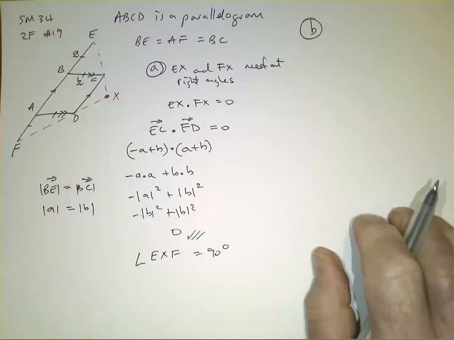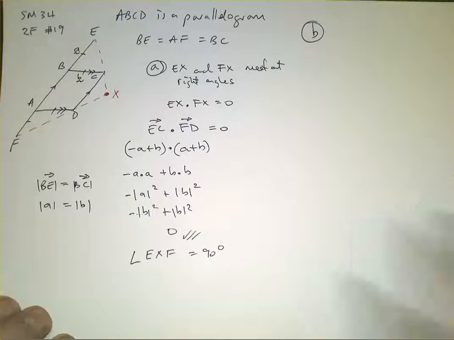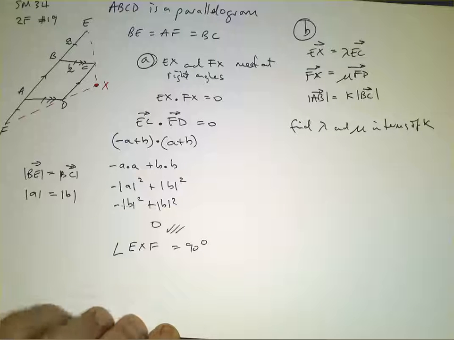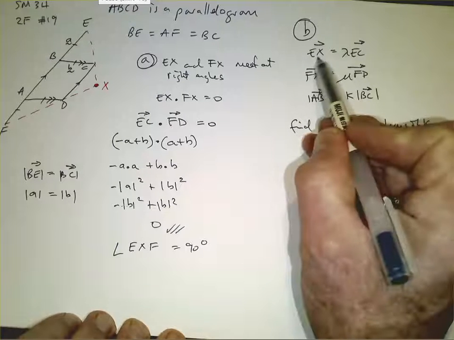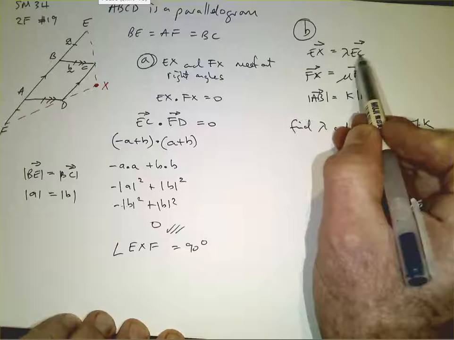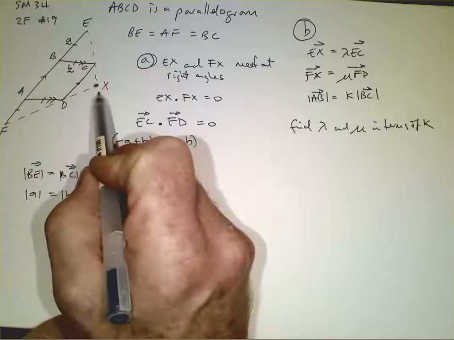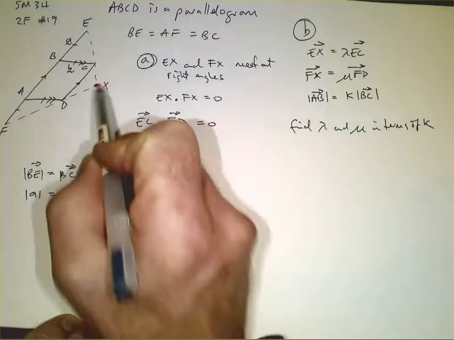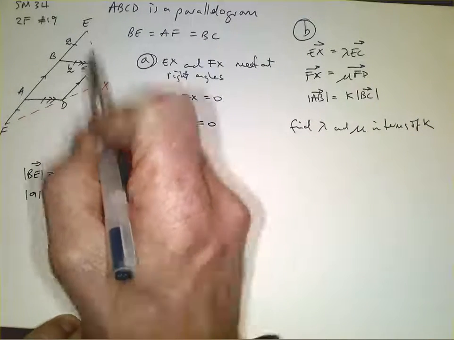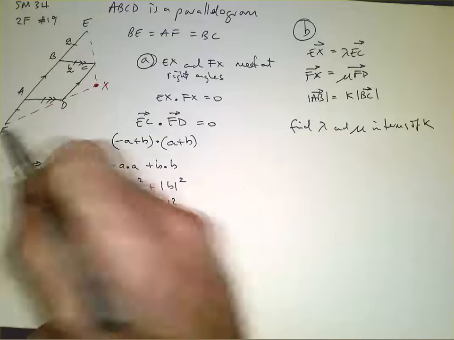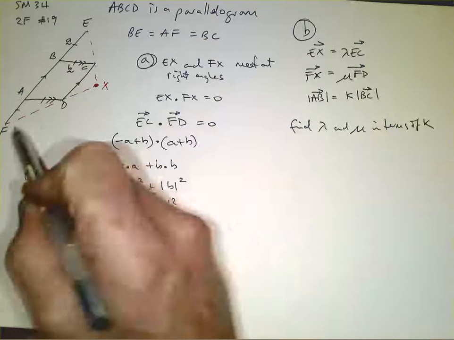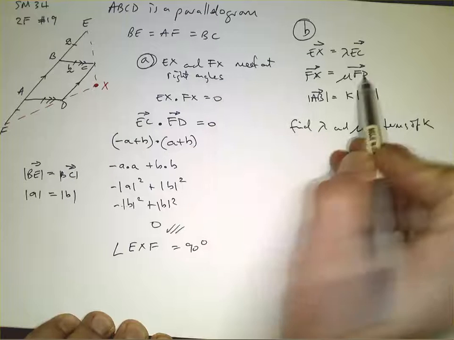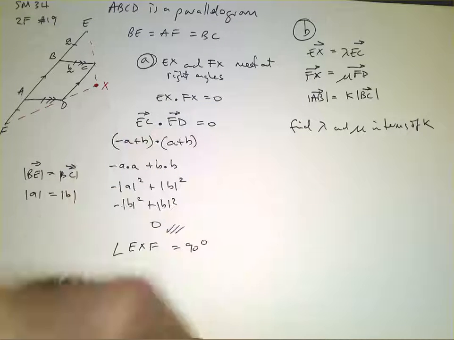Part B says, okay, in part B I'm told E to X is equal to lambda E to C. So lambda must be a number bigger than 1 because E to X is longer than E to C. And F to X is equal to mu times F to D. So the same thing, mu must be bigger than 1 because you need to multiply vector FD by mu to get FX.